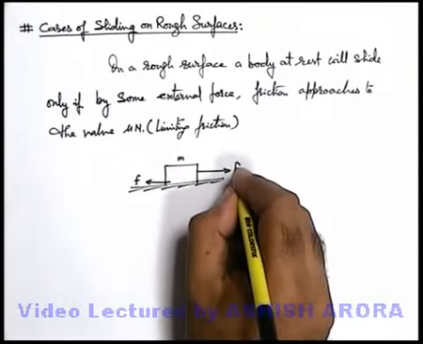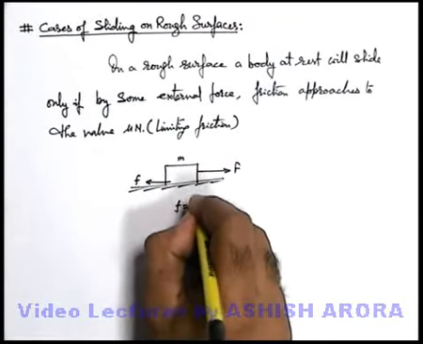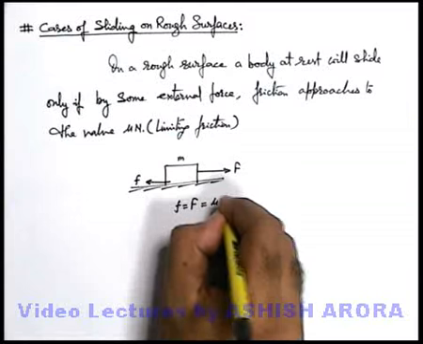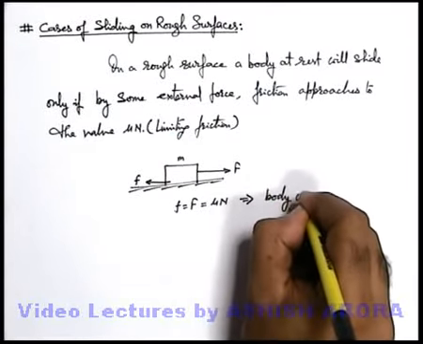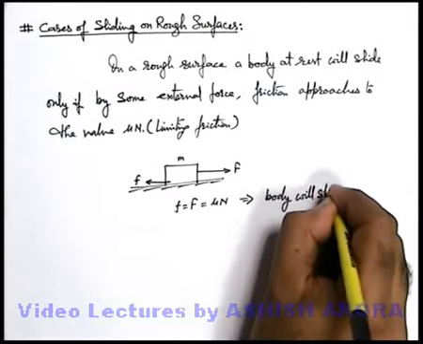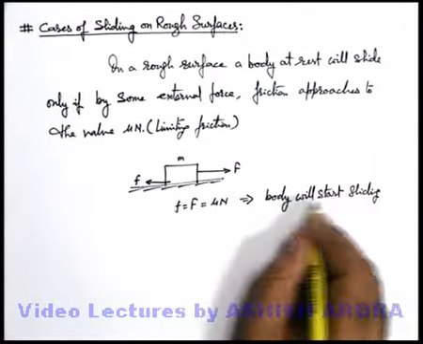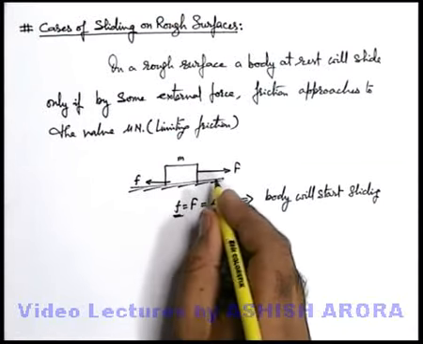On increasing this force, friction will also increase, and this friction always tries to balance the external force. When this becomes equal to mu n, body will start sliding. So we can say body will start sliding only when the value of friction approaches the value mu n.